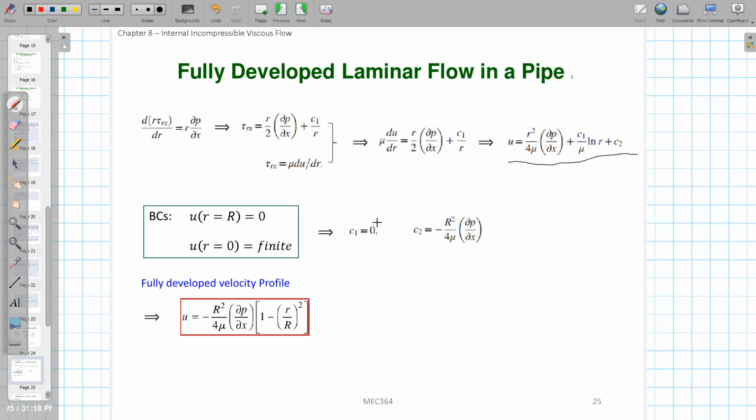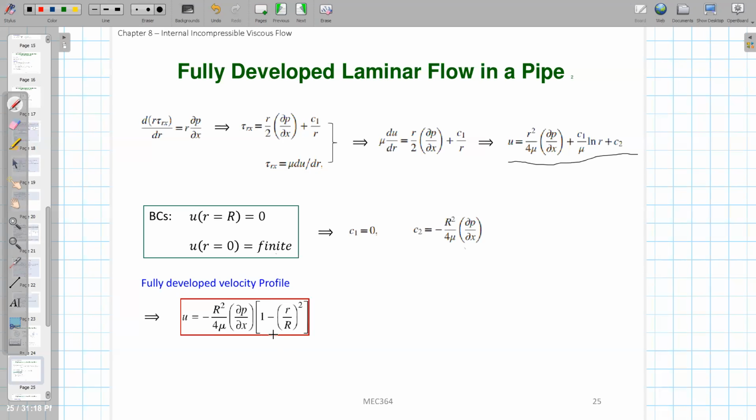Okay, and then from the second boundary condition, you substitute at r equal to R, the radius of the pipe, u will be equal to 0 there. You can find the C2 value, which will be this. With these two unknown constants determined from the two boundary conditions, we get the fully developed flow velocity profile.